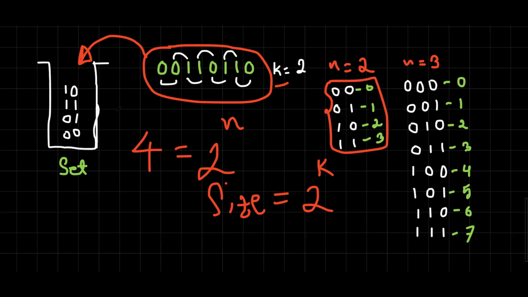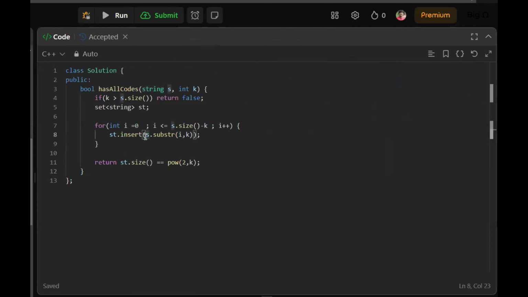Now let's move on to the code. In this problem, the code is pretty simple. At first, we are given a function named hasAllCodes, which has two parameters. One is string s, another is integer k. Now, it can be possible that the value of k is greater than the string size. In this case, we have to return false.